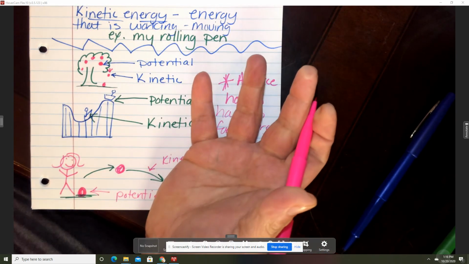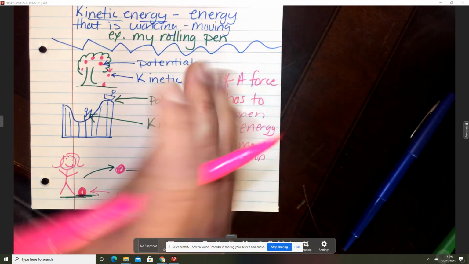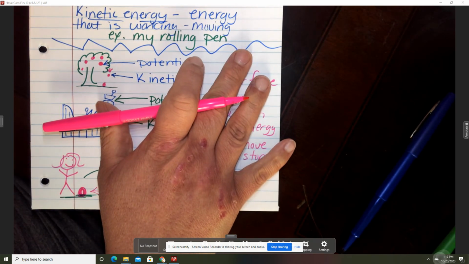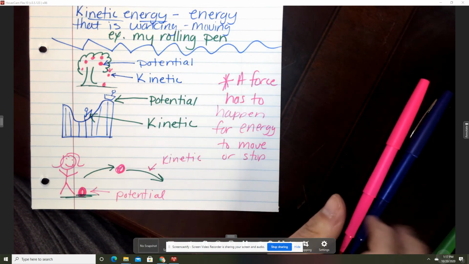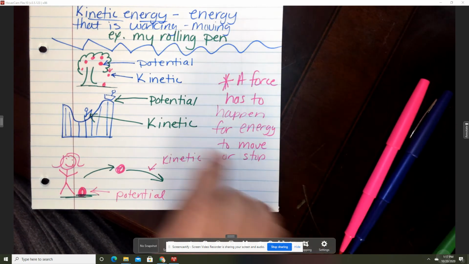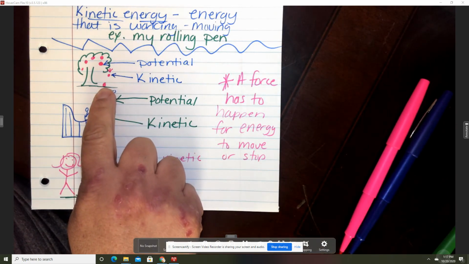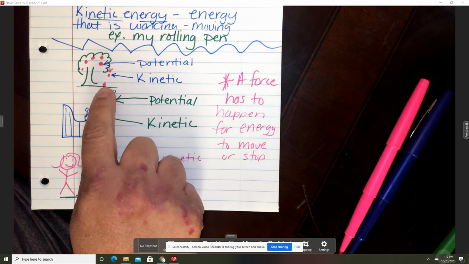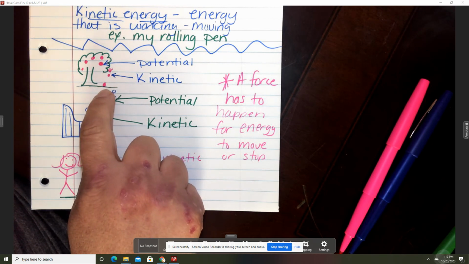Because that apple would continue to fall until it hit the ground, right? Until it had a force on it. And the same way, the apple just sitting there, there has to be a force to have it moving, right? But then there's a force to stop it, to make it potential, the ground.